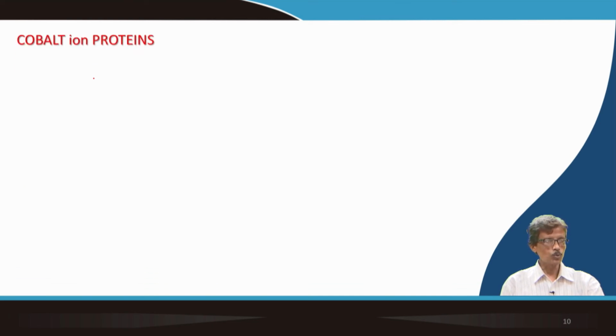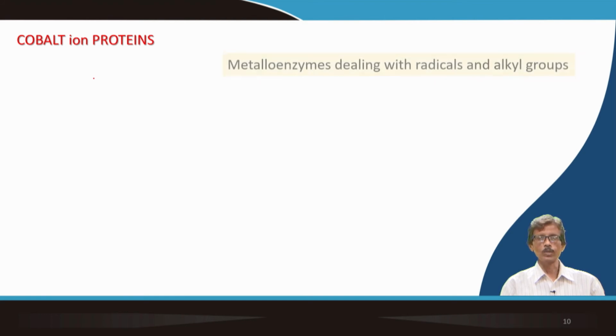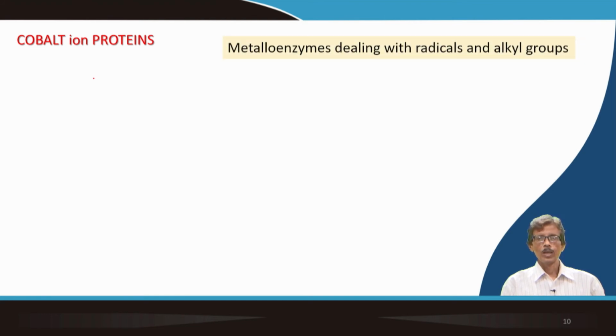Now we move to see what is there in proteins with cobalt, the cobalt molecules, the cobalt based enzymes or cofactors. This will extend into my next class also: there are some metalloenzymes with a cobalt center.